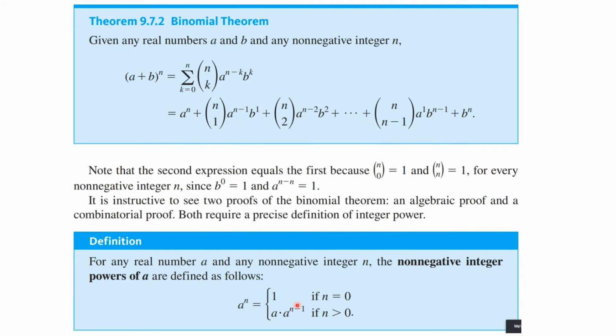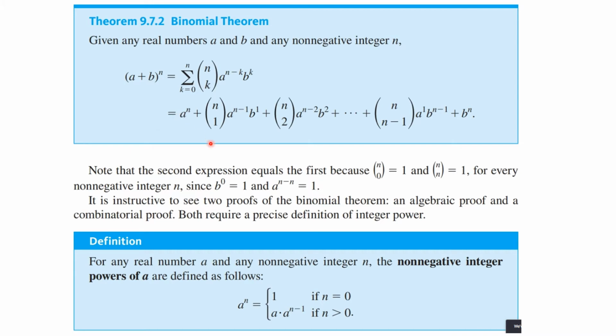Given any real numbers a and b, and any non-negative integer n, a plus b whole to the n is the summation from k equals 0 to n of n choose k, a to the n minus k, b to the k. And if you write that in an expanded form, this is what you have.